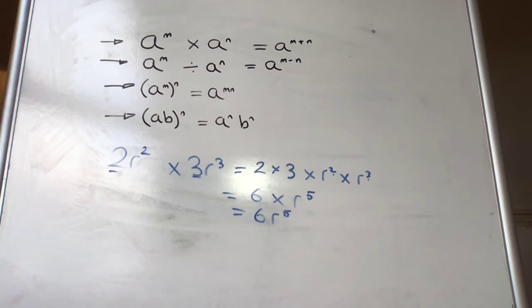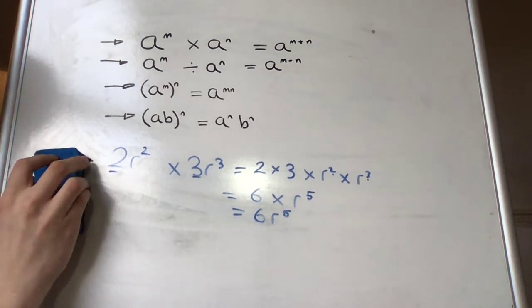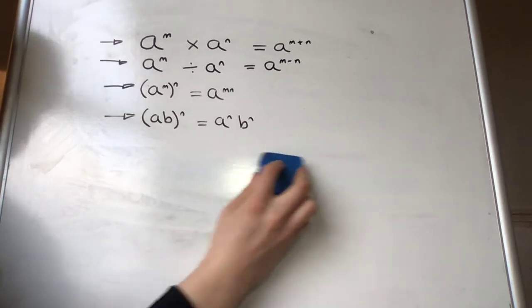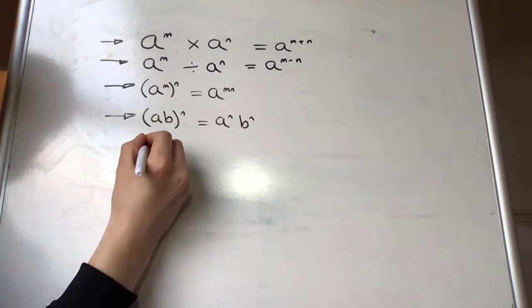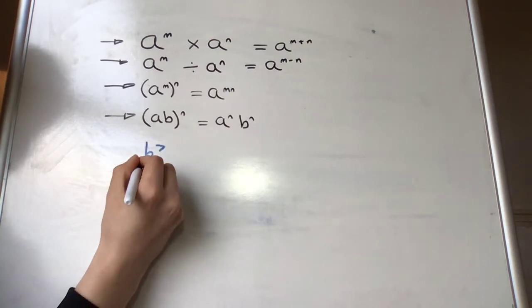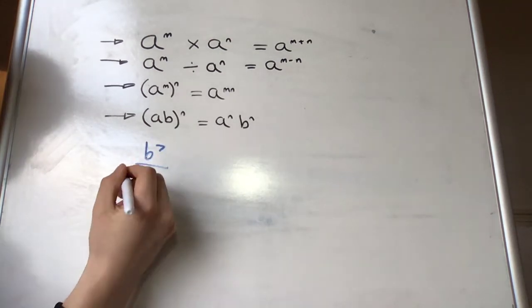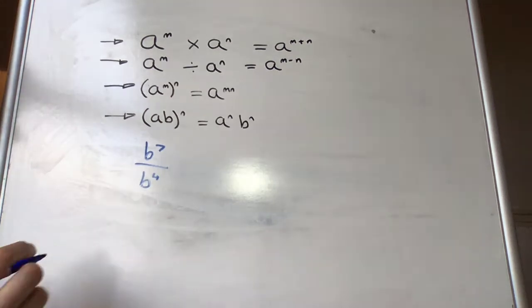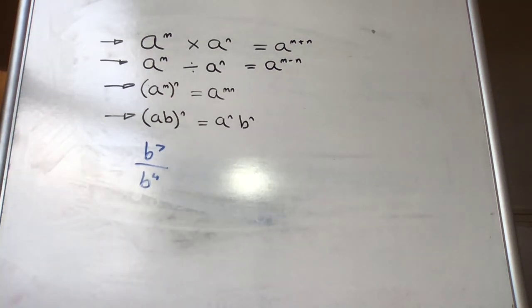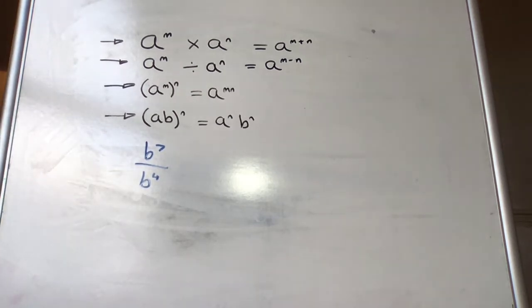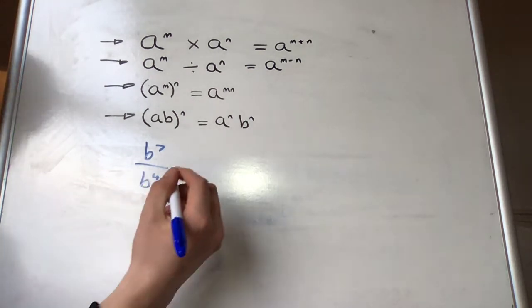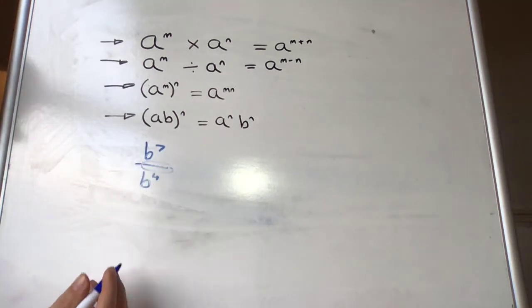Okay, let's try another one. How about b to the power of 7 divided by b to the power of 4? The appropriate rule in this scenario would be the second indices rule. The reason is that this is essentially a division.